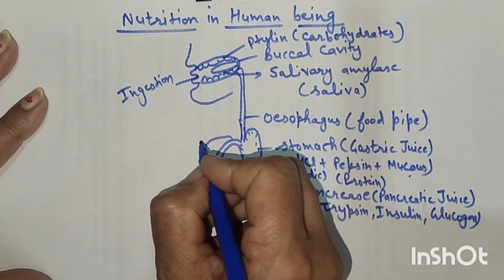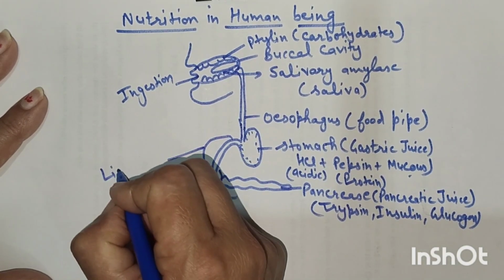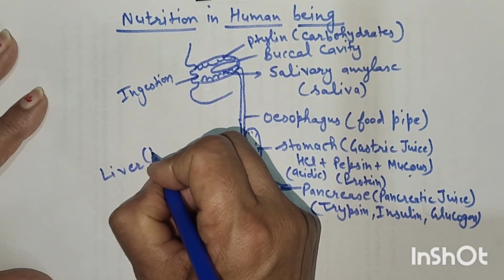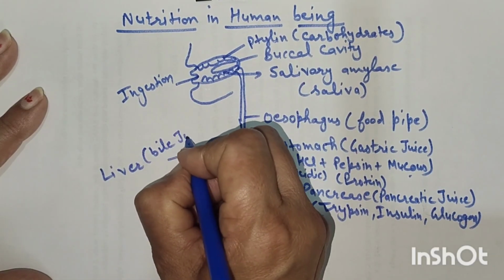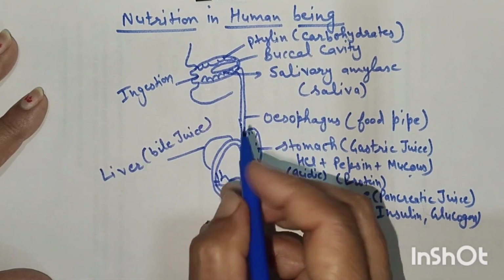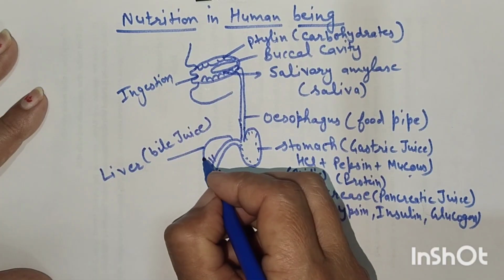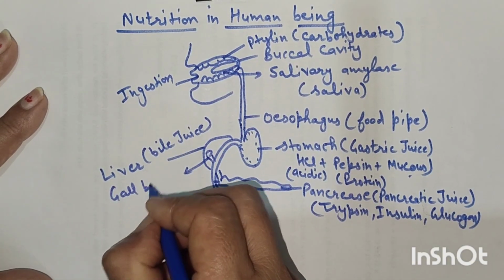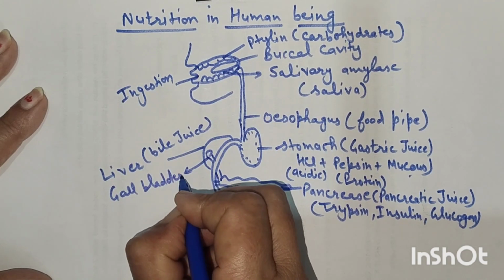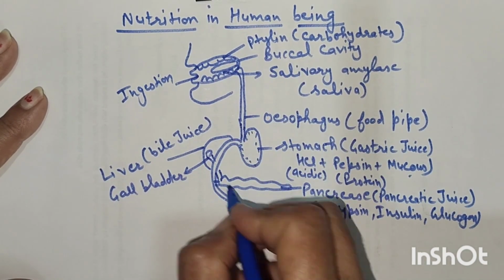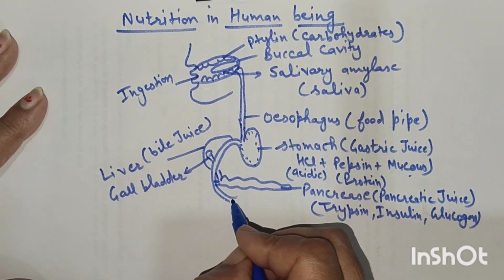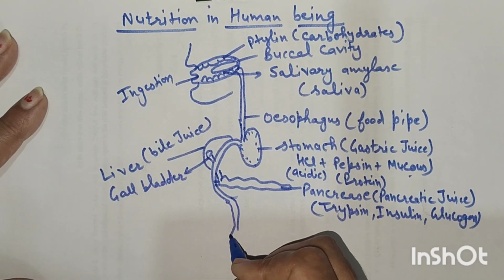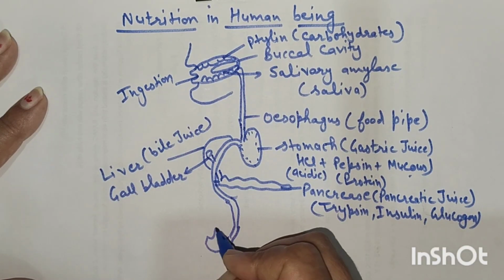Here is the largest gland in the body, called the liver. It produces bile juice. When extra bile juice is released, it is stored in the gallbladder. Now here this is the small intestine.